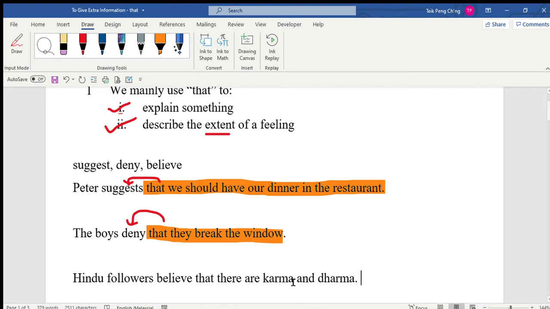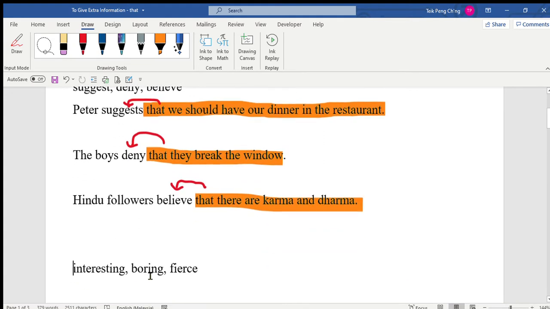So the "that" here is used to explain further what Hindu followers believe. So, in brief, we use the word "that" to explain the verb, to give more information about what the verb means.